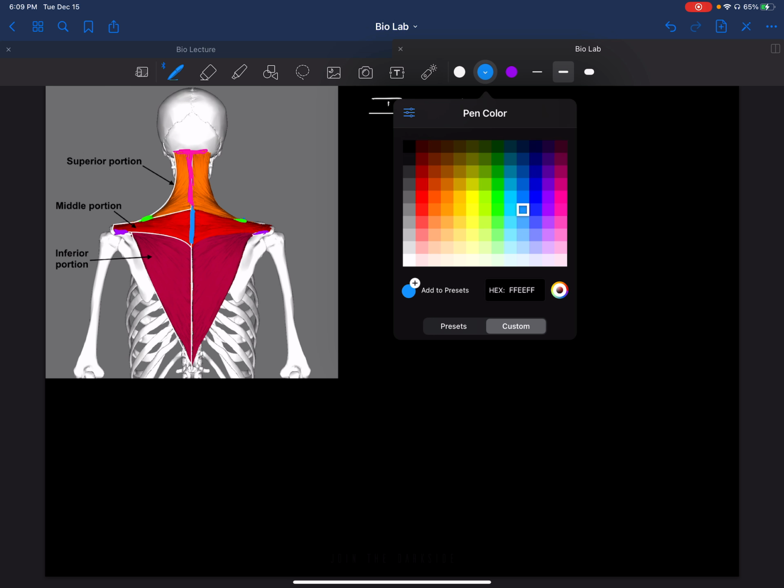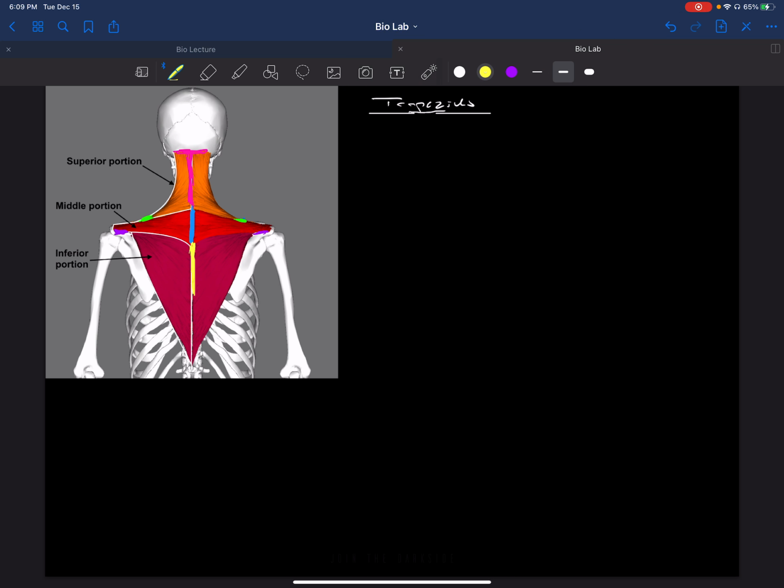So I'll outline that in yellow. And its lateral attachment point is the same as the middle portion, which is the upper border of the crest of the scapular spine. So I'll just circle that again. So they have the same lateral attachment points.